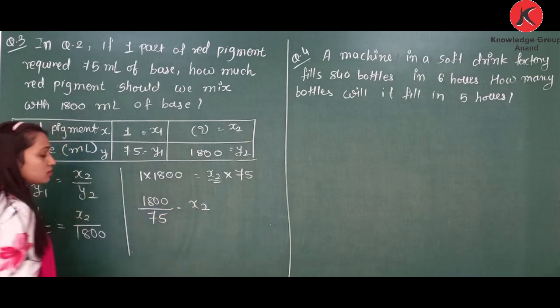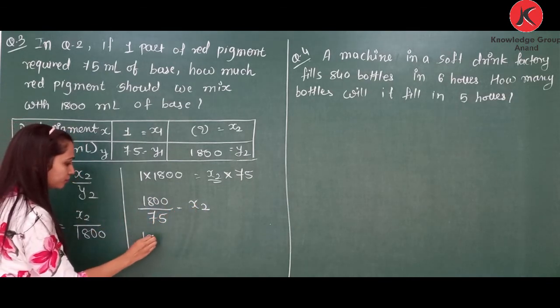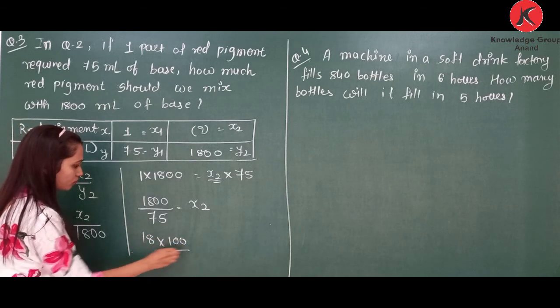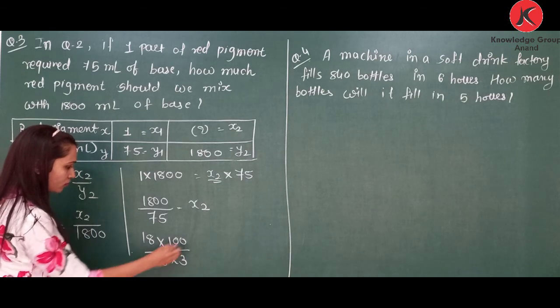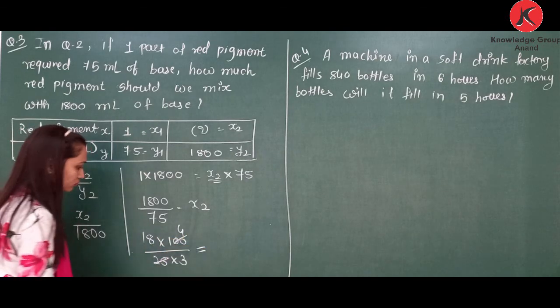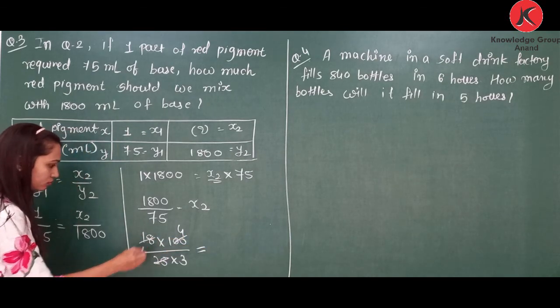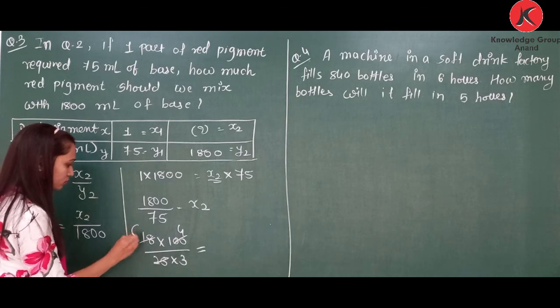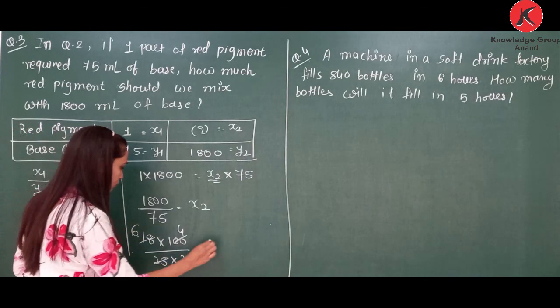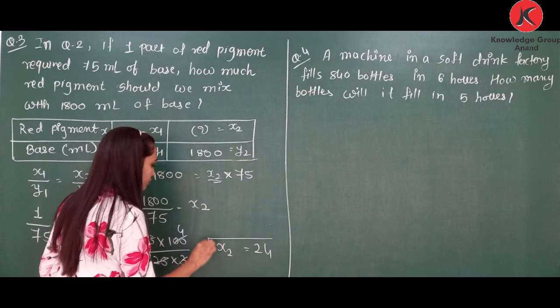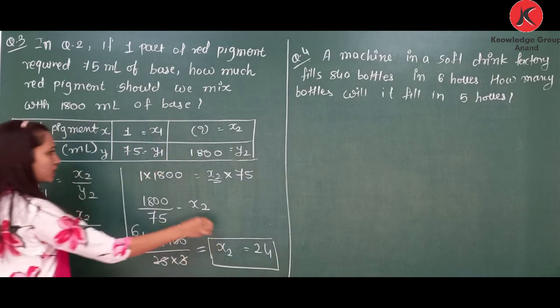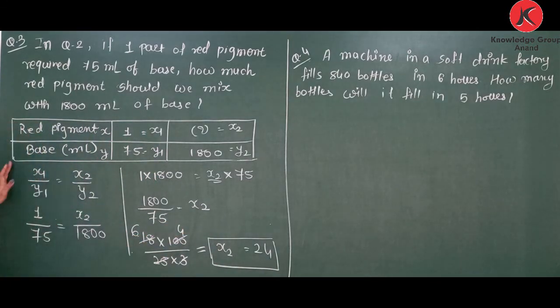So to find this, we factorize. So when red pigment is 24, at that time base is 1800 ml. Clear? Now next one.